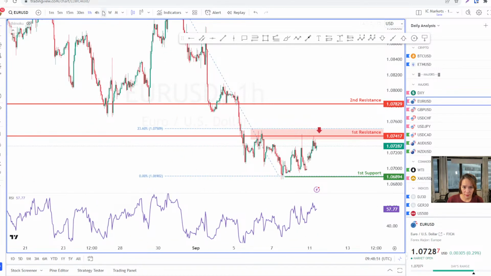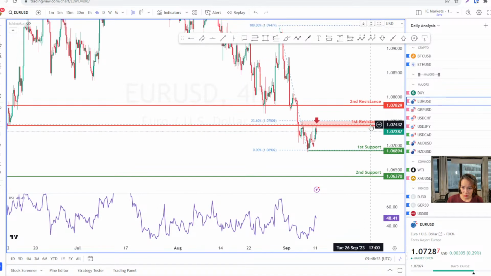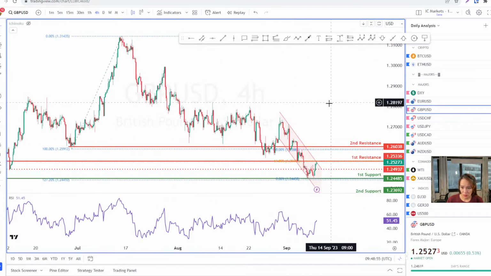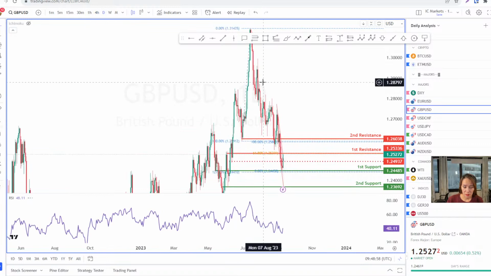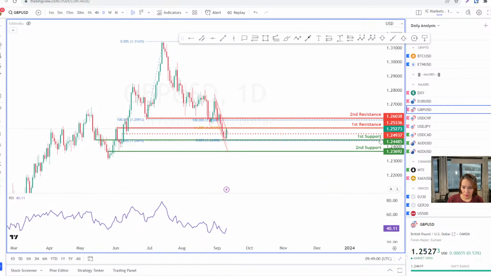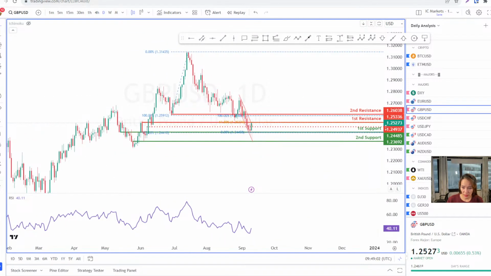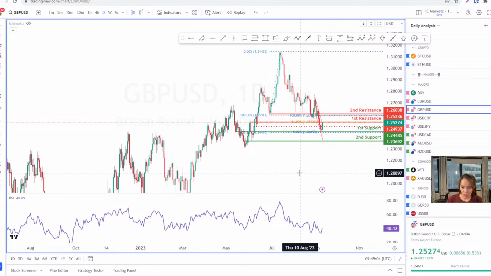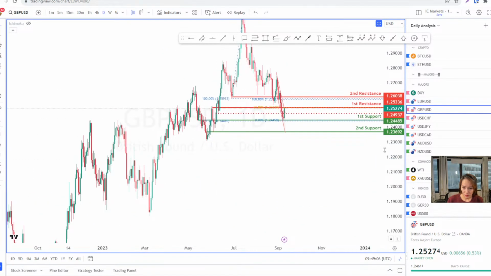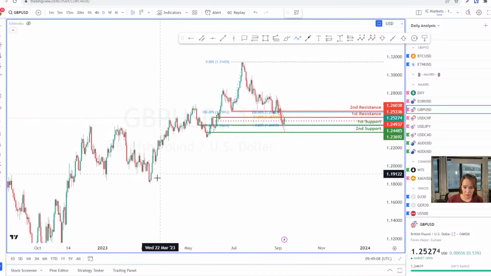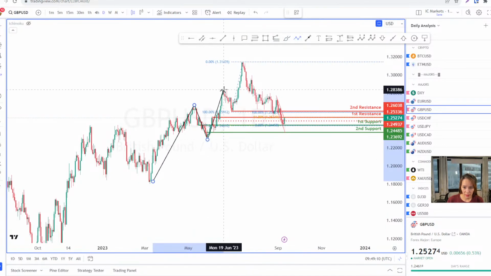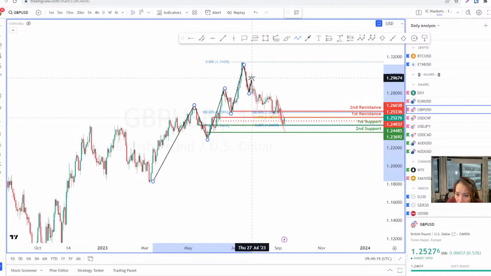Let's look at GU, or GBP USD. It's really changing momentum. Like I always say, on the daily time frame it made higher high, higher low, higher high, and then it made a lower low, lower high, lower low, lower high, something like that.